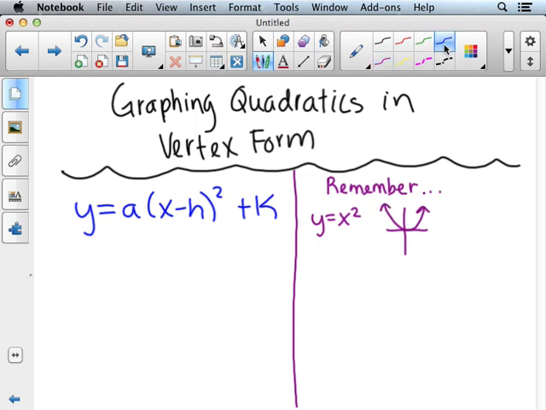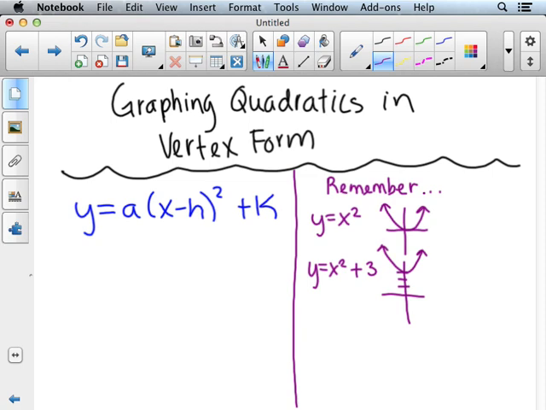If I have y equals x squared and I add something outside, like let's say I add 3, what does that do to my function? Well, it moves it up 3 spaces, 1, 2, 3. Everything else stays the same. If I subtract, it moves it down.